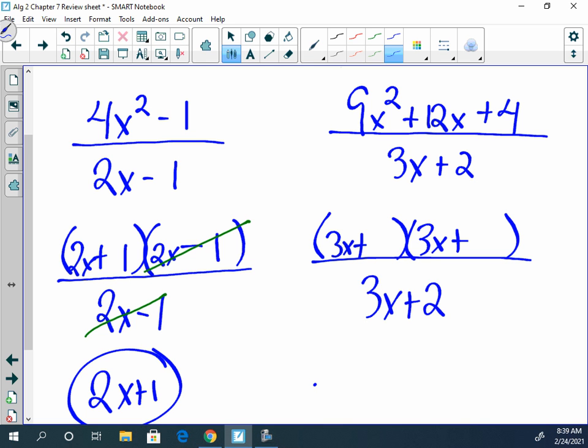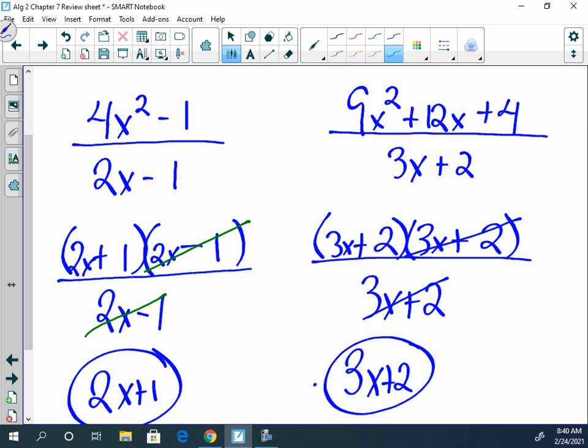I would use 3x and 3x, 2 and 2, because 3x times 2 is 6x, 2 times 3x is 6x, and 6x and 6x makes 12x. So it does work out, and these cancel, leaving us with 3x plus 2.